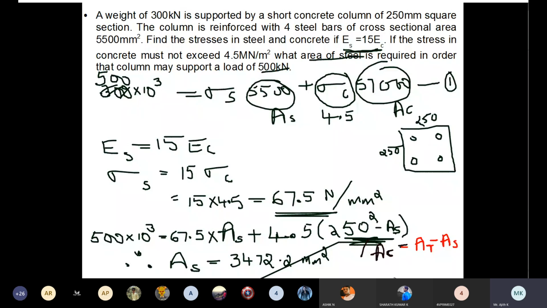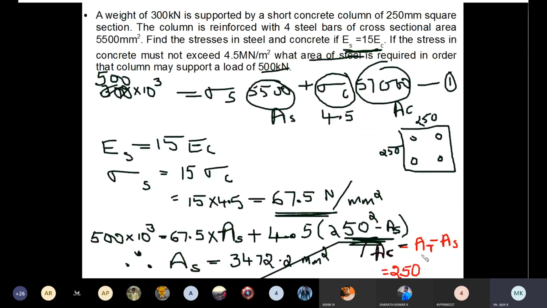Total area is 250 square, minus area of steel, which you have to find out. So this term will become 250 square minus AS. By simplifying, you will get area of steel as 3472.2 mm square. Usually in most question papers, if you refer, one question of this type will be there based on concrete and steel structure.